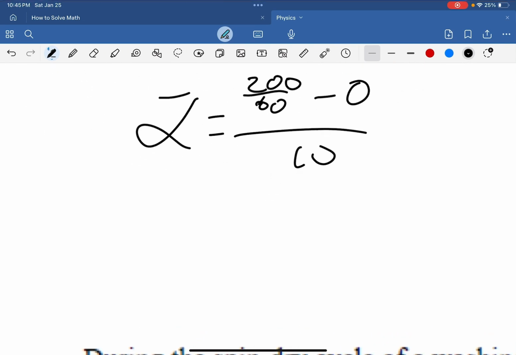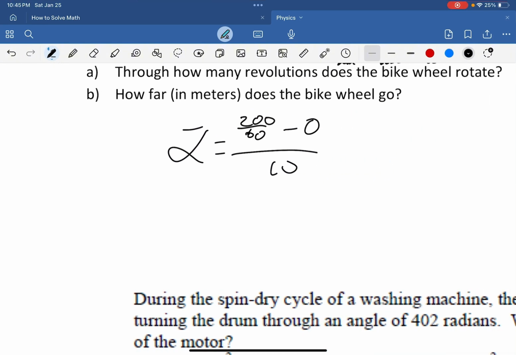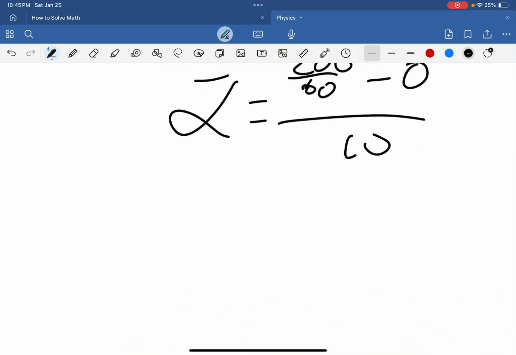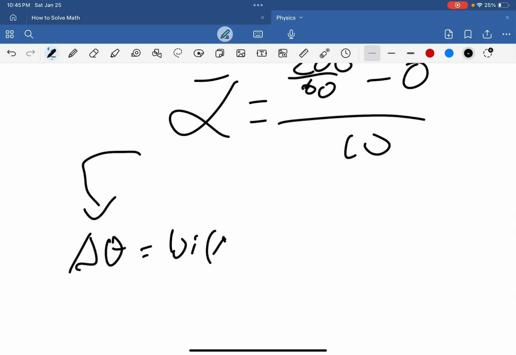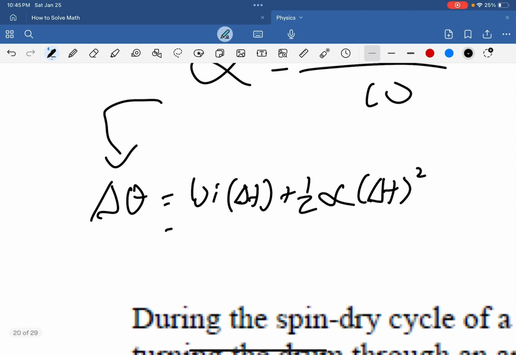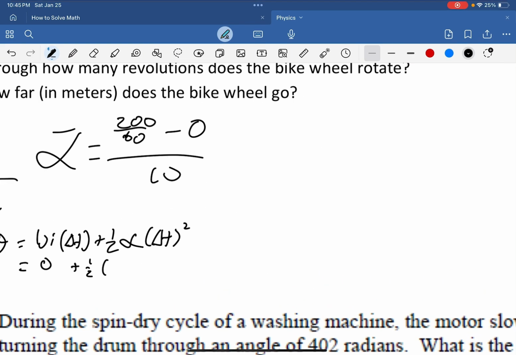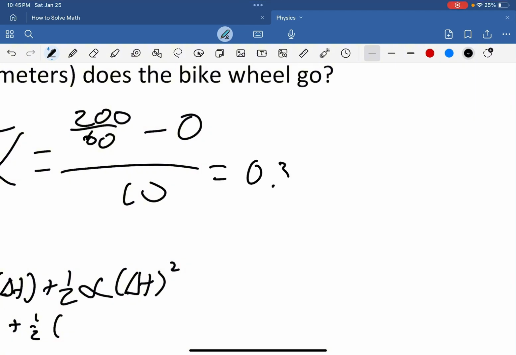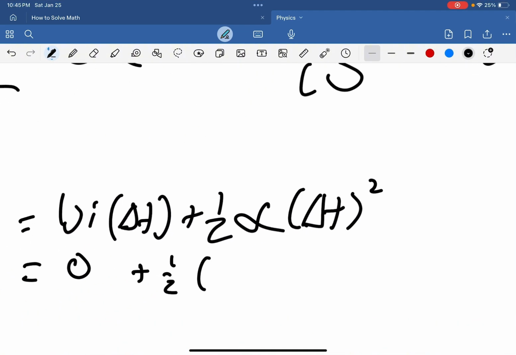Let's say this is our acceleration, right? And let's assume it's going to be constant. So we're just going to use this in our change in theta equation. And let's plug in what's given. First part is going to be 0 plus 1/2, and then this is 0.333, so 0.333 times 100.